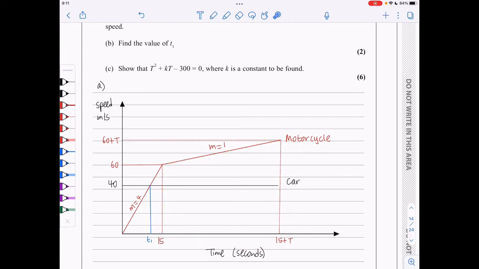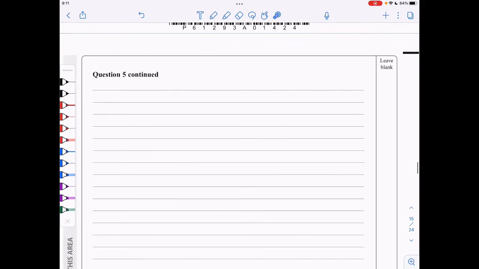So let's put everything together here. We've got that 40 times 15 plus capital T is equal to 15 times 60 over 2.